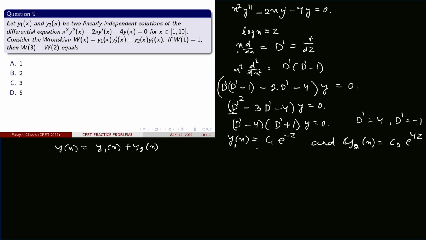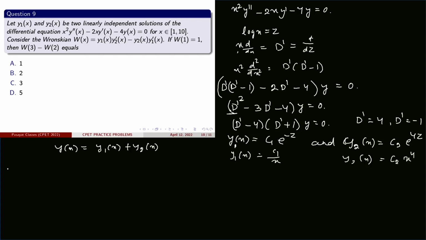So on substituting the value of z, we get y1 of x is equal to c1 divided by x, and y2 of x is c2 x to the power 4.